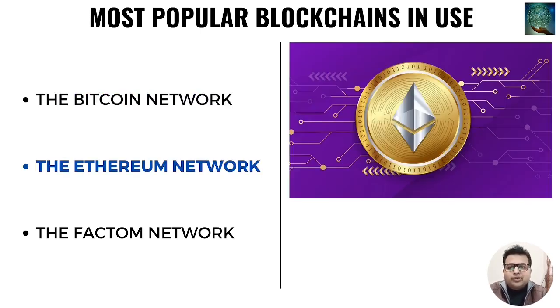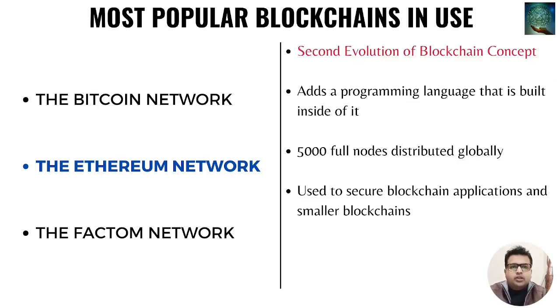Okay, now let's look into the Ethereum network. Ethereum is very popular. Ethereum is the second evolution of the blockchain concept. How is it the second evolution? Ethereum added a new layer to the traditional Bitcoin blockchain, a layer of programming language, which we call a smart contract.